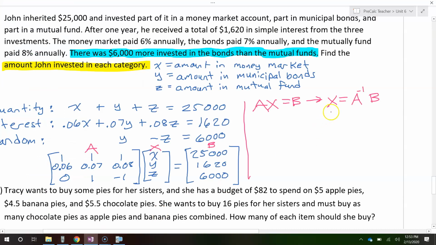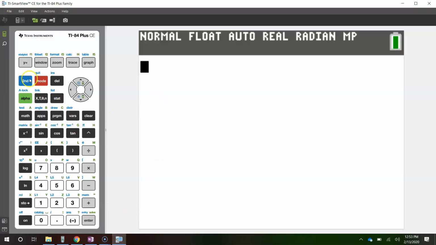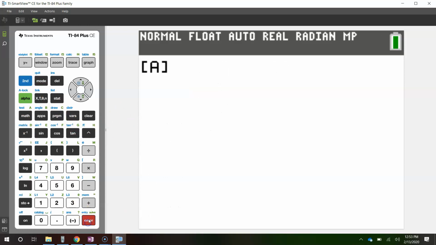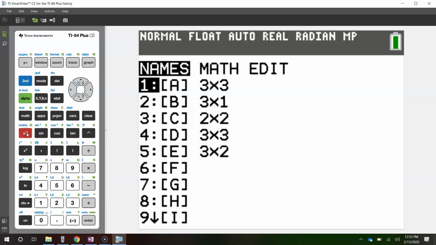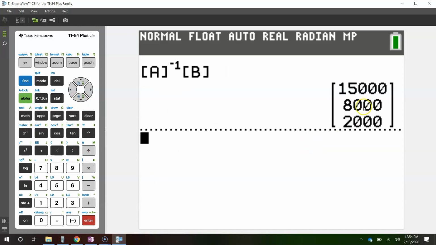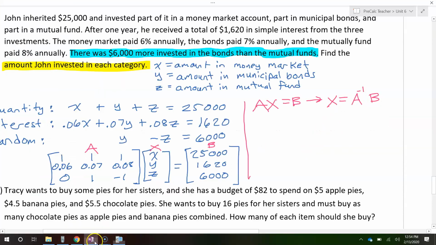As we showed in the small amount of work that we have to show, we're looking for A inverse B. So I want that to show up on my calculator screen. If I go back to the matrix area and hit enter, I've got matrix A. If I hit this button, that makes it A inverse. Now I just need the B. So there's A inverse B, and this should be the answer. It's 15,000, 8,000, 2,000.